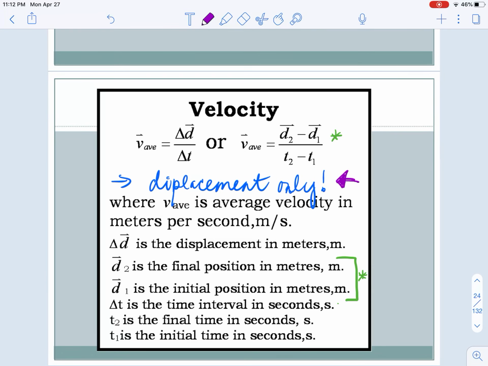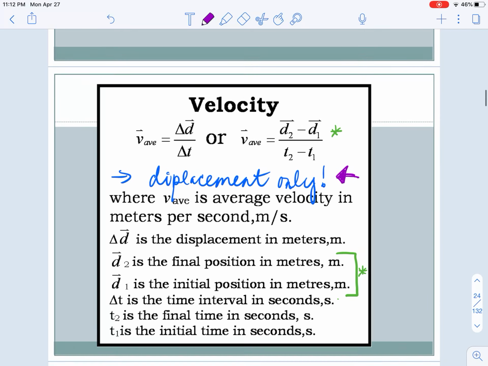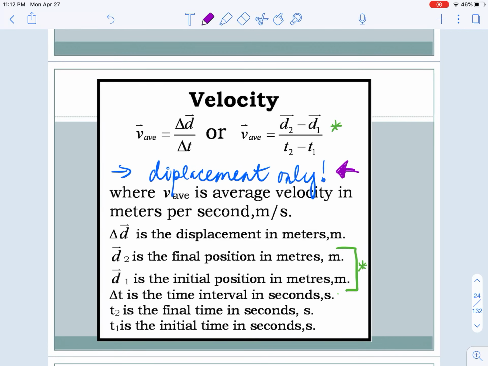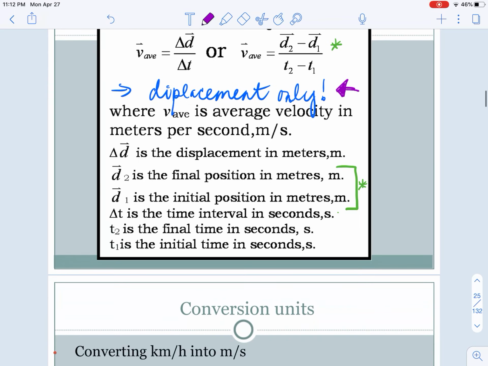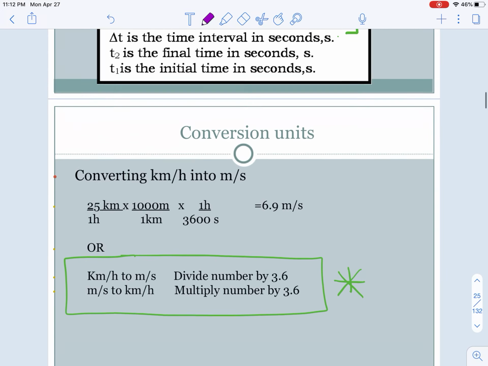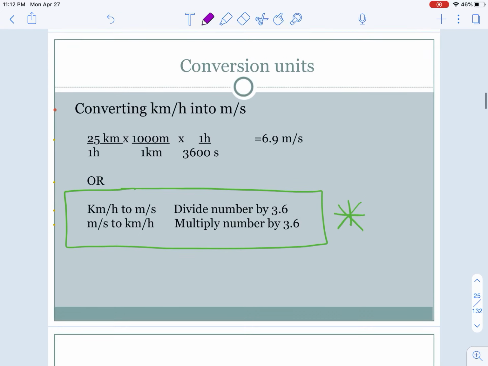If you were calculating velocity, you would be looking at the displacement, meaning the change in final position minus the initial position, and then the time that it took.